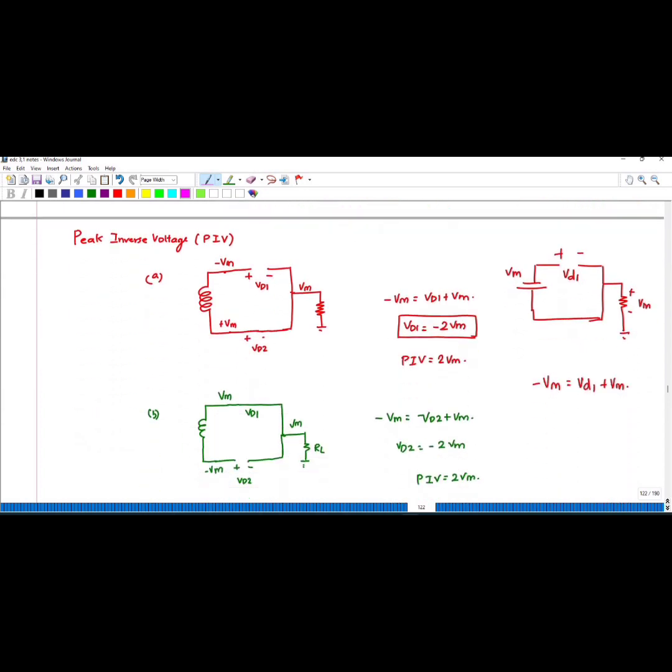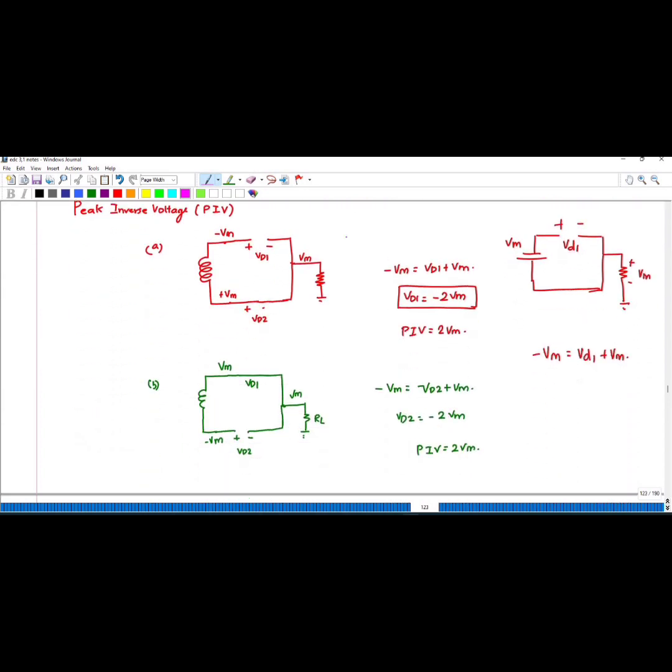Next one is the peak inverse voltage. During the negative half cycle, the diode D1 is open circuited and the diode in the downside is short circuited. Because of this, whatever voltage is here will be produced as output.